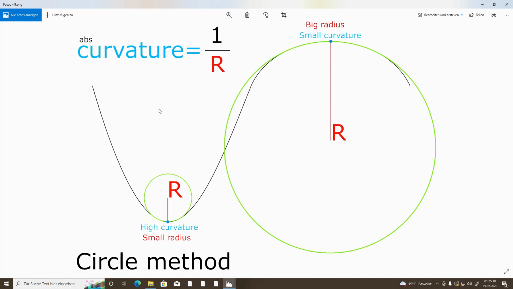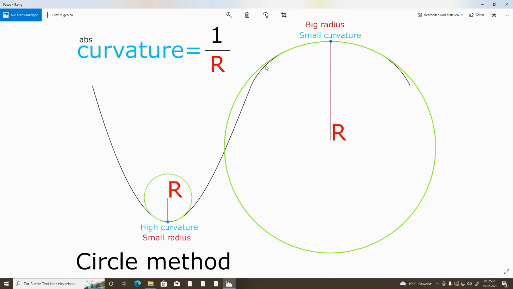There you have the curvature circle, and then you make 1 divided by r, and that's the curvature, r being the radius of the curvature circle. And when the arc is sharp, then you have a small curvature circle and you get a small radius. Means the curvature value will be high, because 1 divided by something small will be something high normally. And yeah, small radius, of course.